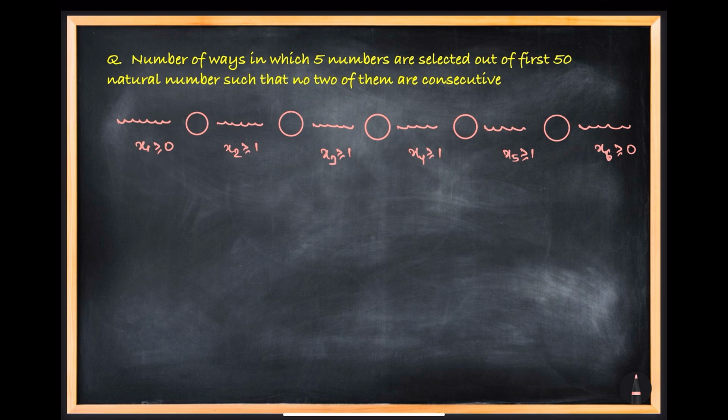So the number of numbers after the fifth number is x6. Now you had 50 numbers, out of which you have selected 5 in this order, so right now you are left with 45 numbers. Correct? Now 45 has to be distributed in this way: x1, x2, x3, x4, x5, x6 summing to 45.